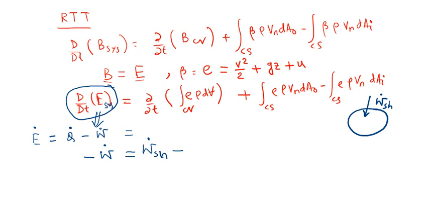Along with that, what are the other kinds of work interactions possible in a fluid system? Other kinds of work are possible because of the surface forces, like the pressure and the shear force.